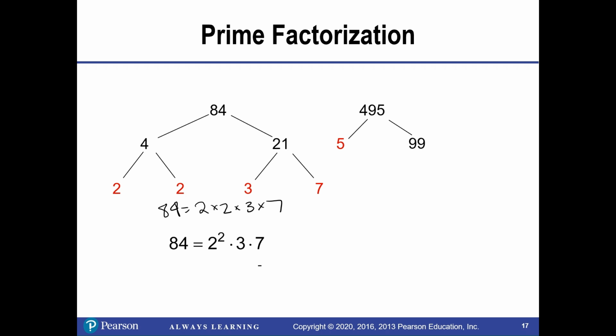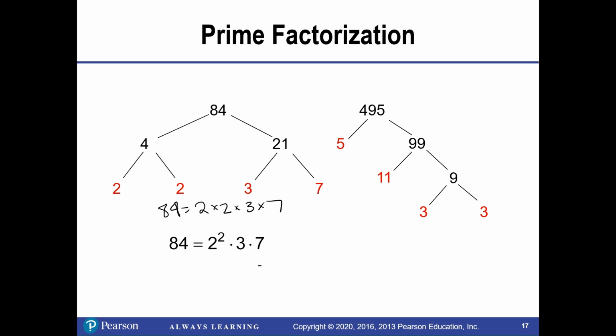So 99 times 5 is 495. 5 is prime, but 99 is not prime because I know that 99 is divisible by 11. So I'd say, okay, 11 divides into 99, and the result of that is 9 because 9 times 11 is 99. Again, 9 is still not prime. 9 is composite because I can split it into 3 and 3.